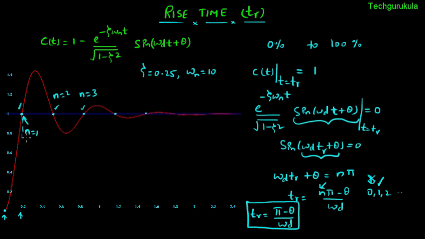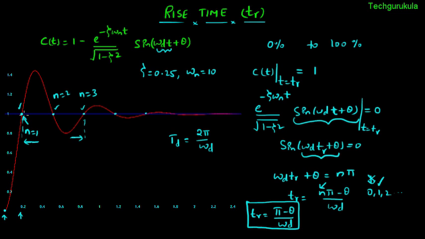Now if you see carefully, for the n equal to 1 point and the n equal to 3 point, we can find the time duration between these two, because the sinusoid oscillation frequency is omega d. So the time period will be, let me say, t suffix d, which can be written as 2 pi by omega d.